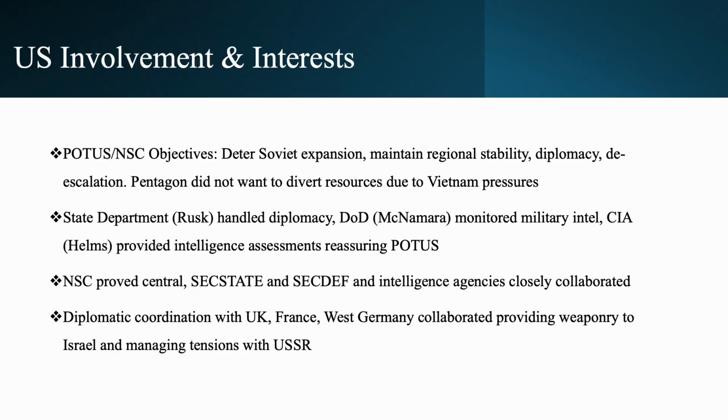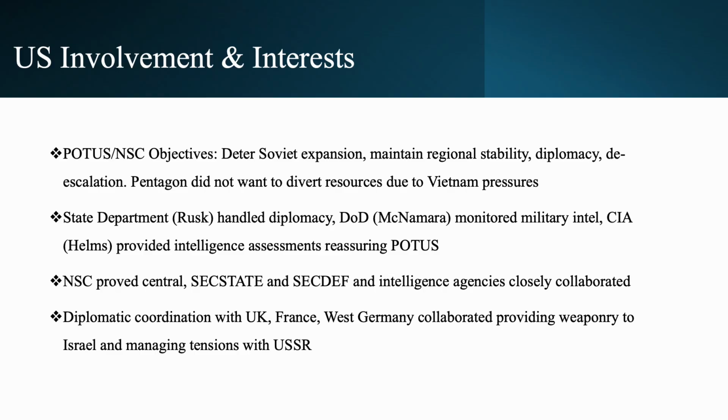The State Department, led by Secretary Rusk, focused on diplomacy and engagement at the UN. The Department of Defense, led by Secretary McNamara, monitored military readiness, especially the U.S. Sixth Fleet, and the CIA provided critical intelligence, reassuring Johnson that Israel would likely achieve victory.